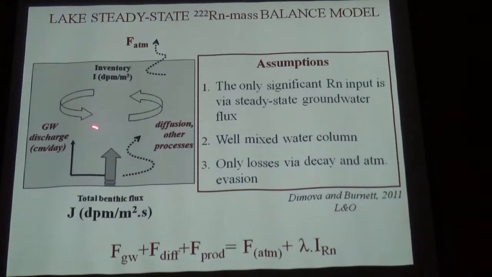We also have some radium dissolved in the water that will produce radon, so radon production. We have to account for this one too. And then these sources are balanced by atmospheric evasion and radioactive decay, because it's a radioactive gas. Okay? In small lakes, this is very simple because they're shallow and very well mixed.